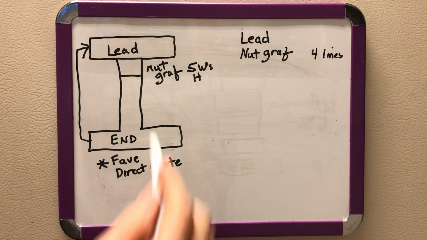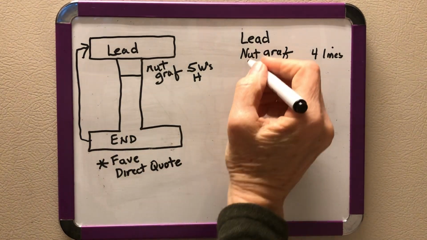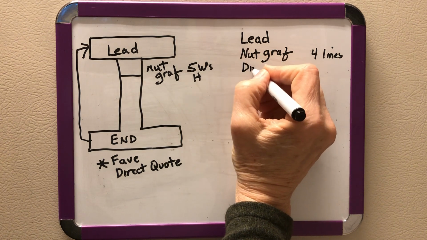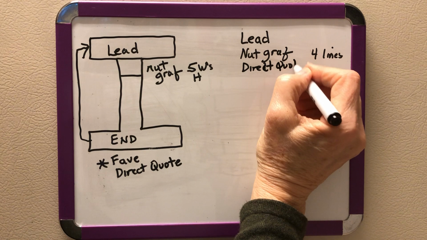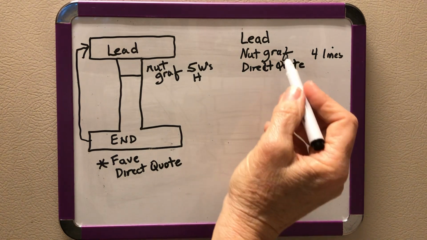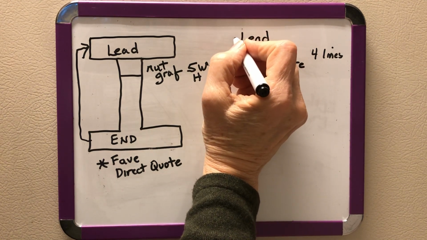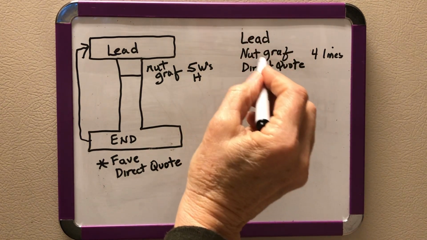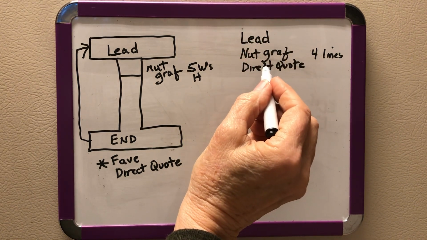Now what I want you to do is go through your notes, go through your fact set, and pick out a good direct quote. This is going to be your 3rd paragraph here. So here's your lead. Now it may be a paragraph or 2, but I would recommend for this story a paragraph, and a paragraph.